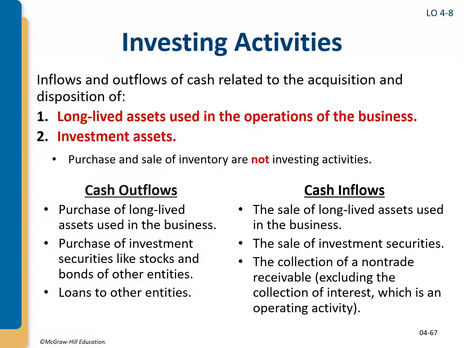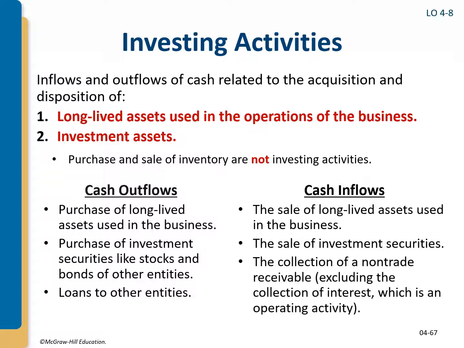The next area of our cash flow statement is where we report investing activities. Investing activities are cash activities related to our long-term assets, plant assets, intangible assets, and investments. Typical cash inflows are when we sell a plant or intangible asset, we sell an investment, we collect on a notes receivable, the principal.